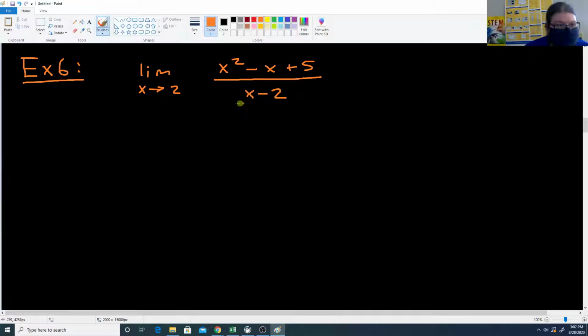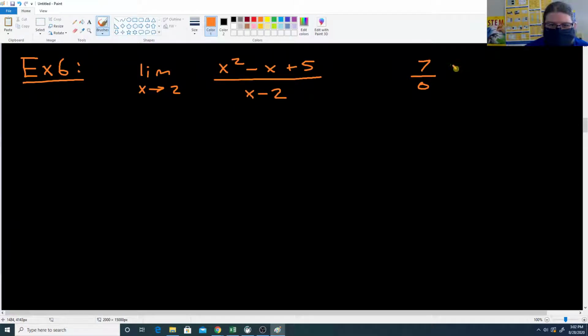When I plug 2 in for the top, we get 2 squared is 4, 4 minus 2 is 2, and then 2 plus 5 is 7. So I get 7 over, when I plug 2 into the bottom, 2 minus 2 is 0.